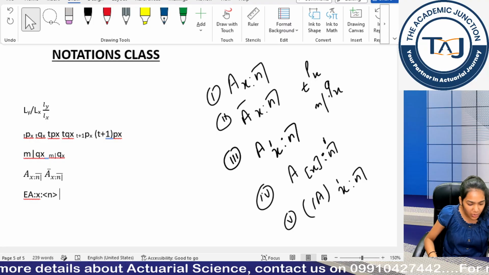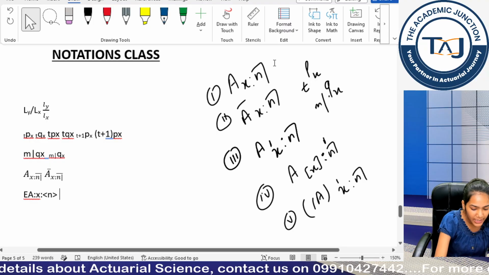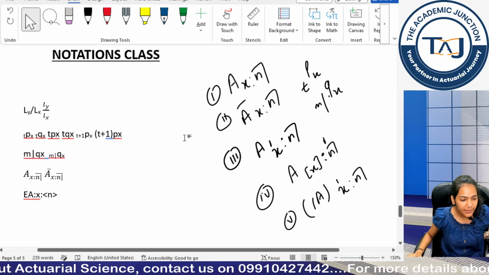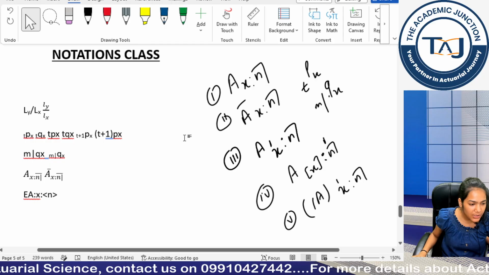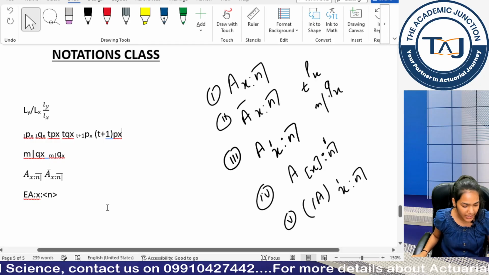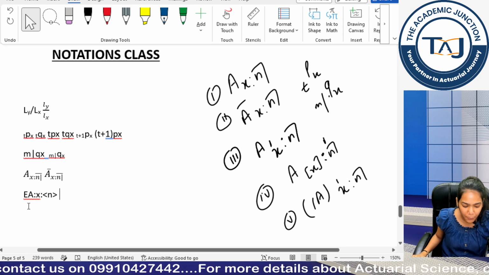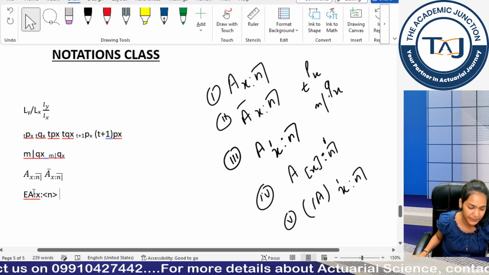Okay, this is the notation of my endowment assurance. Clear? So you can also write it in this way, but I often find it confusing, but if you are comfortable with this approach, then it's also equally acceptable.